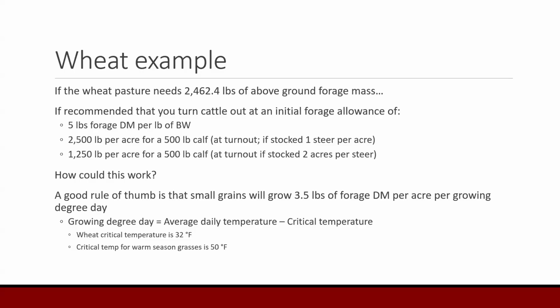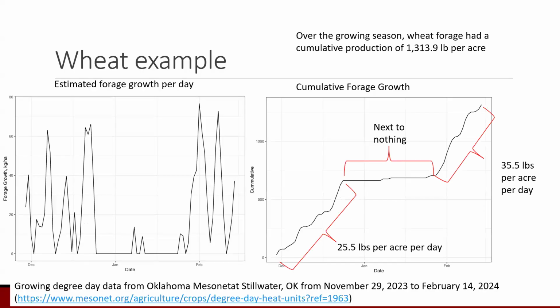Wheat and typically our small grain annuals, winter annuals, we will assume their critical temperature to be 32 degrees Fahrenheit. For warm season grasses, it's typically 50 degrees Fahrenheit. So if we know that, we can get a good estimate on what our forage growth over that grazing period could be.